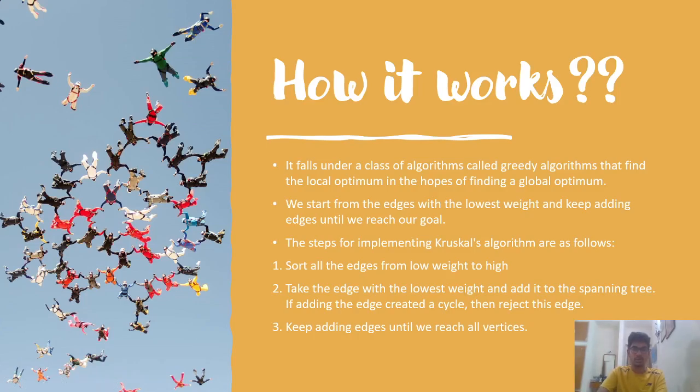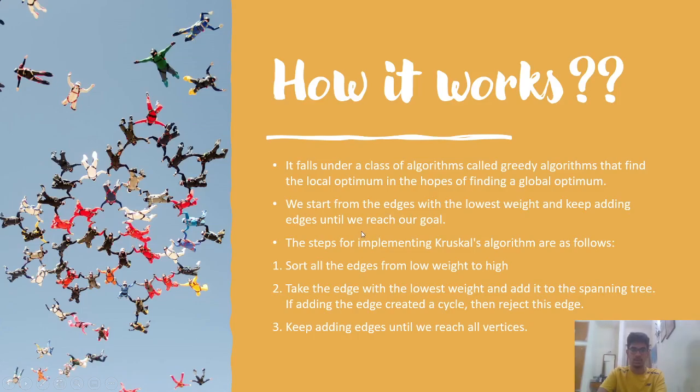It falls under a class of algorithms called greedy algorithms, that find the local optimum in the hopes of finding a global optimum. We all know that there are 6 types of algorithms, and the greedy algorithm is one of them. In this algorithm we start from the edges with the lowest weight and keep adding edges until we reach our goal.